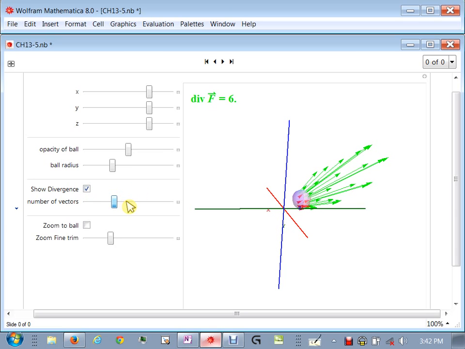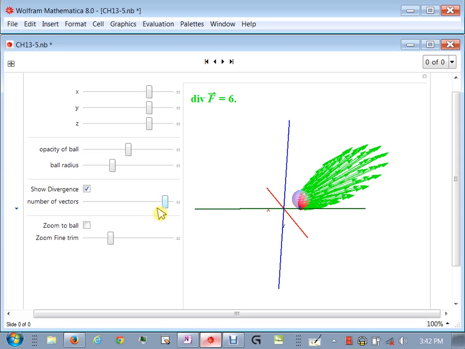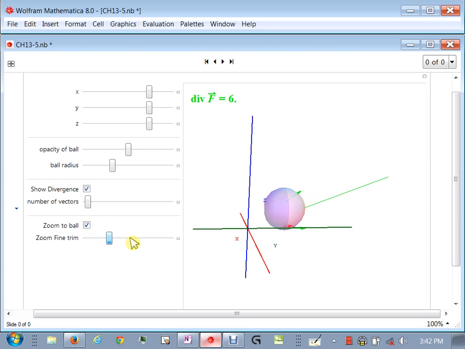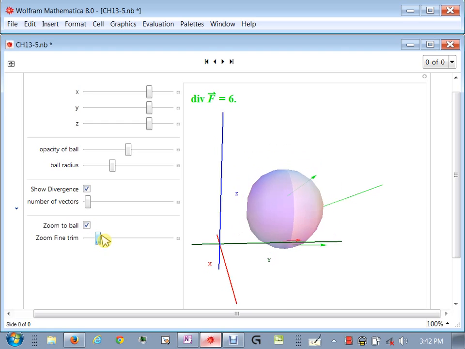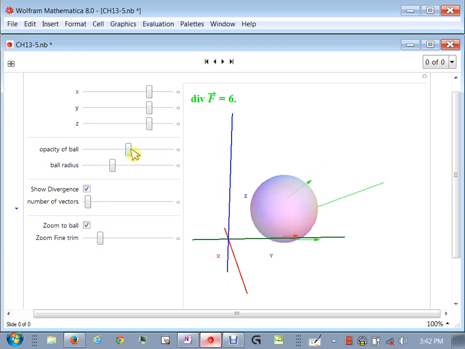Now, I could throw more and more vectors in there to convince you, right? More vectors, that's overwhelming green. Or I could take out, just show you a few. But if I show you a few, you may not be convinced. Let me zoom in on that ball. And let me actually take the ball out of here a little bit.